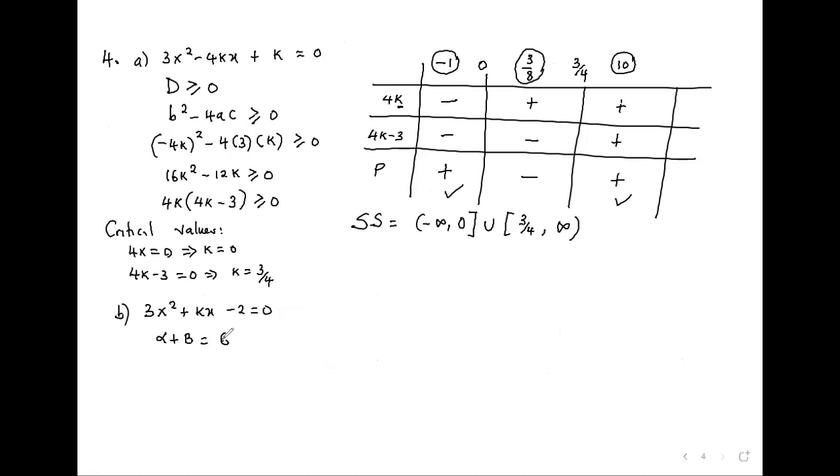So work with the sum. What is the equation for the sum? It is -b/a. It's supposed to be equal to 6. What is b in this case? It is k. So put a negative there, over a, which is 3, is equal to 6. So -k is equal to 18, so that k is -18.